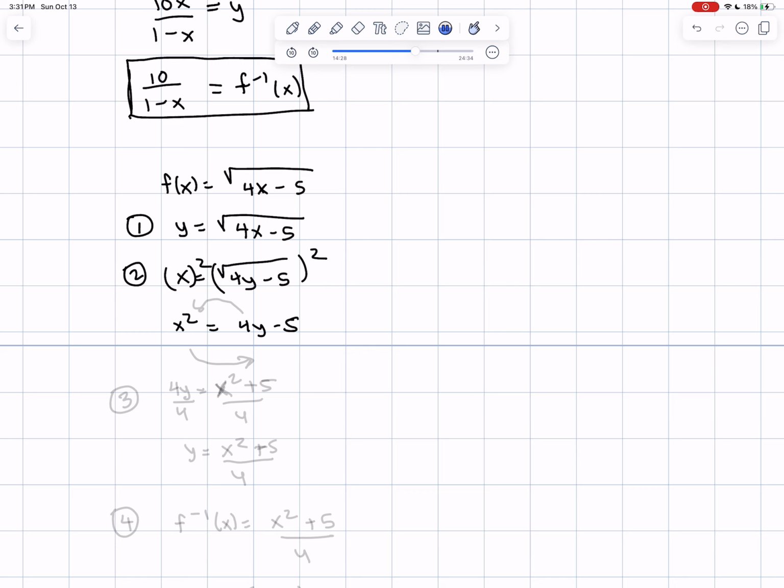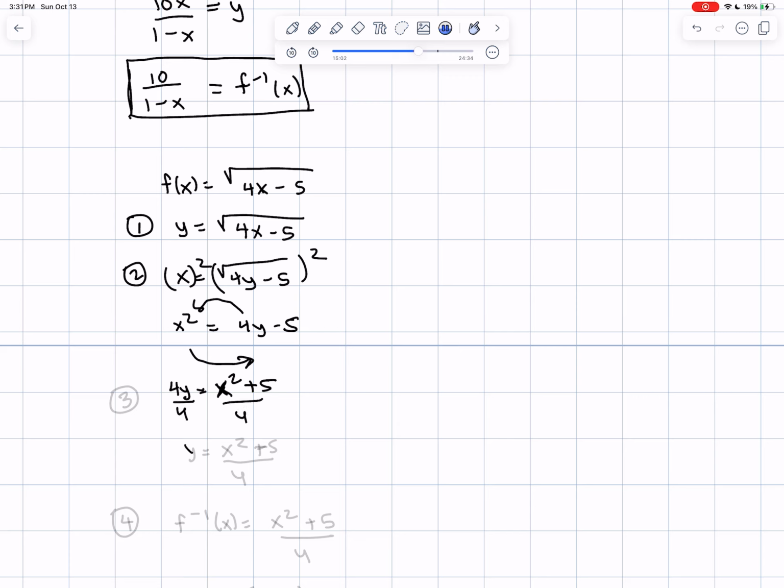So what I'm going to do is I want everything on the opposite side of y. So how can I do that? Well, I want to put y over here. I want to have x over here. So I'm going to move it. All I did was just flip it. And then we're going to divide by 4.